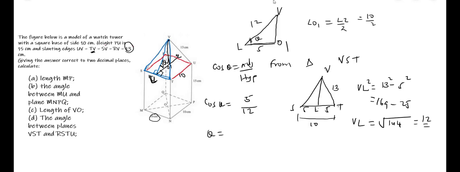So theta will be cos inverse of 5 over 12, and theta will be 65.38 degrees. That is the angle between the two planes VST and the plane STUR.